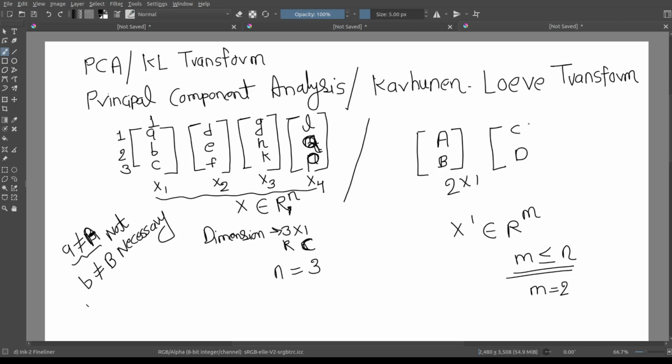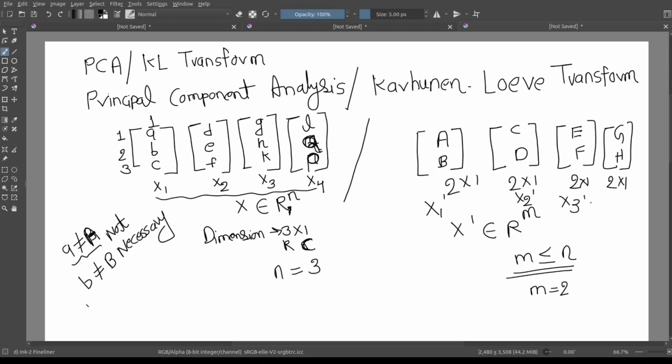C, D, E, F and G, H. Each of these has dimension 2 cross 1. This is x1 prime, this is x2 prime, this is x3 prime, this is x4 prime.